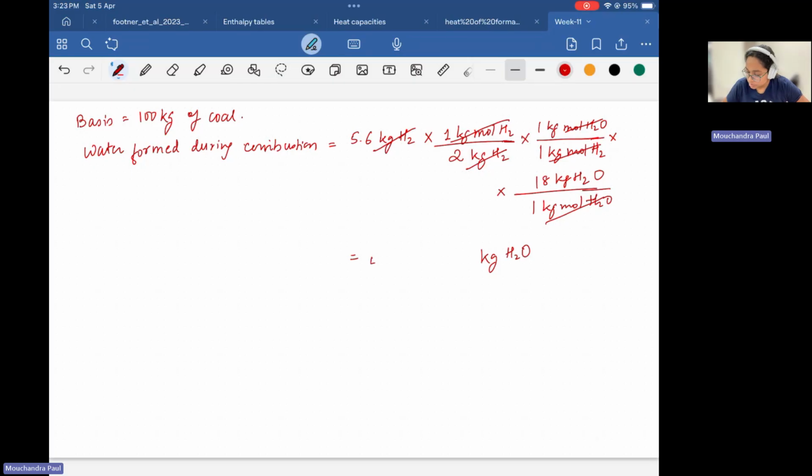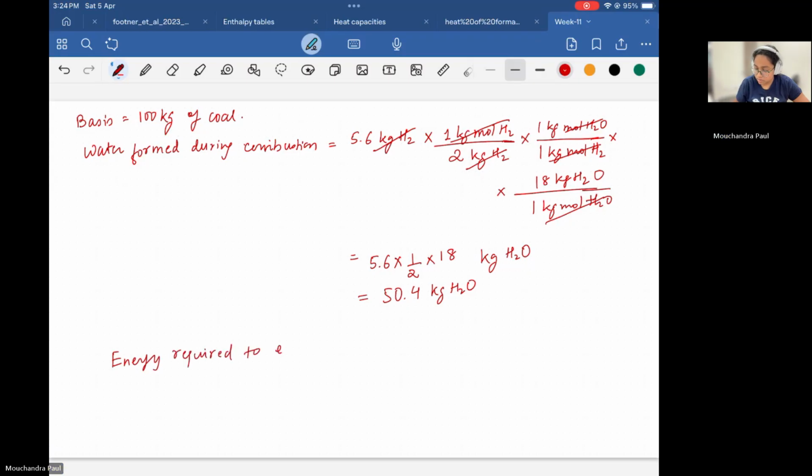If we quickly do the calculation, the remaining number part should be equivalent to 50.4 kg water. You also do it. So what's the heat or energy required to evaporate this water?